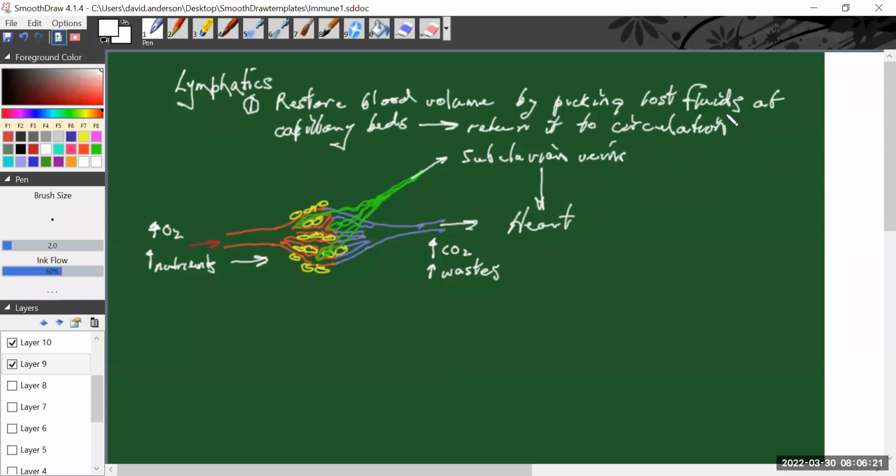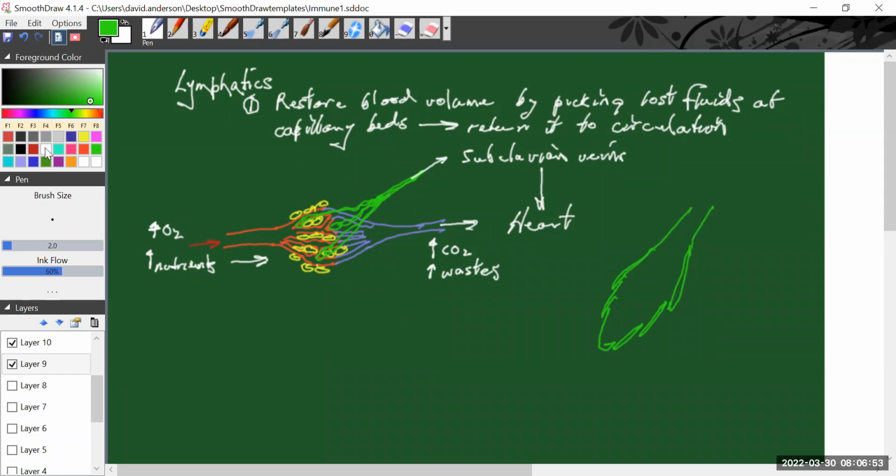Now you can also see in this little drawing that we've made that the lymphatics are not an actual circulation. They start at the capillaries. They pick up fluid at the capillaries. And the way that they're designed to do that is that the end of the lymphatic capillary is kind of a loose set of flaps before we run into the actual lymphatic vessel.